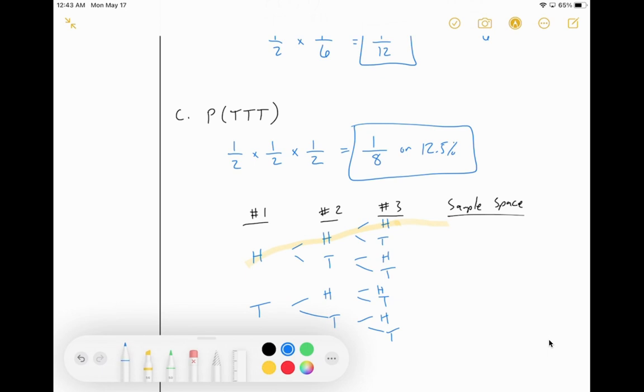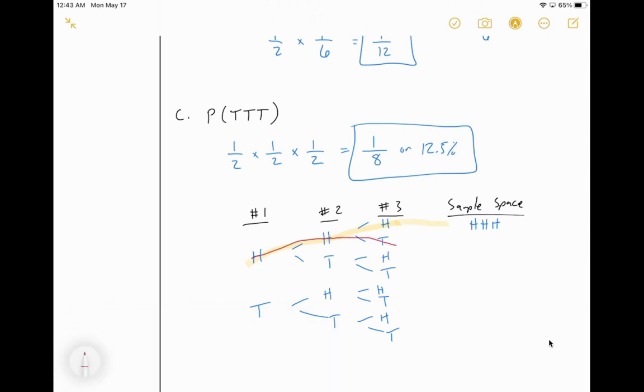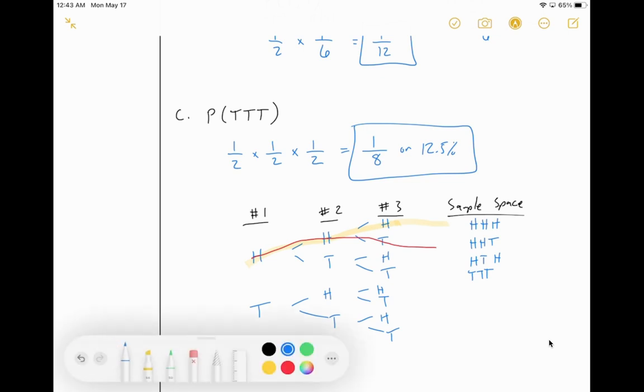And I can do the same thing here: heads, heads, tails. That's what I'm looking for. So on and so forth: heads, tails, heads; heads, tails, tails.